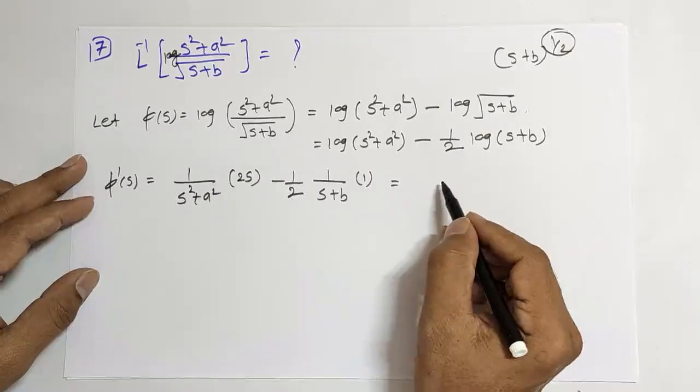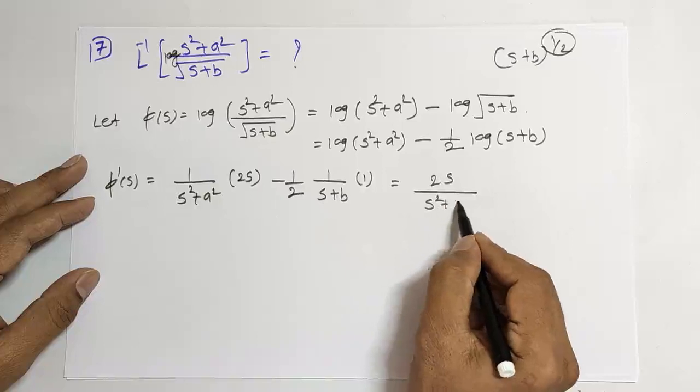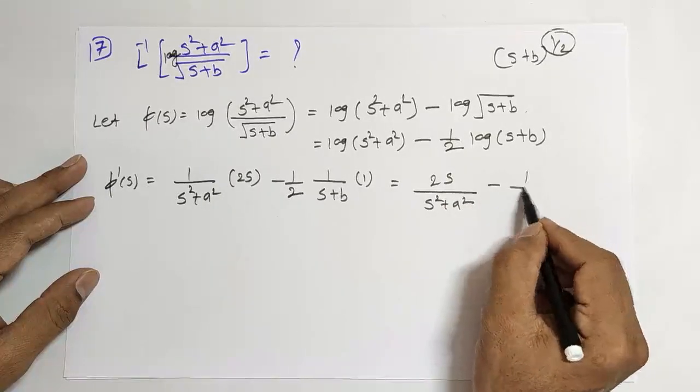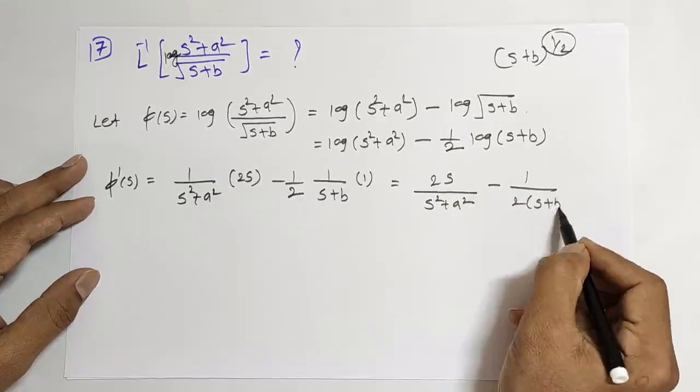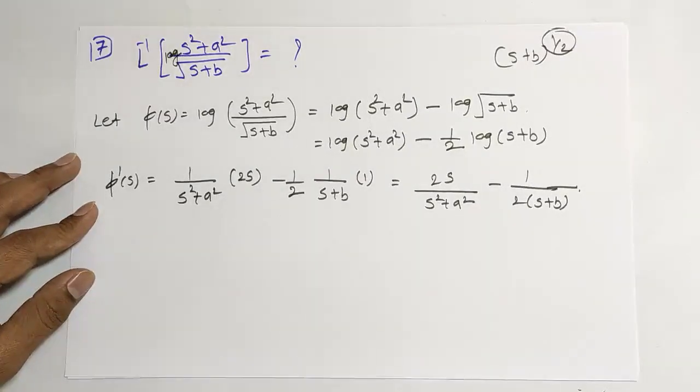So if you write it properly, this will be 2s upon s square plus a square minus 1/2 into s plus b. ये मेरा phi dash of s है, clear?